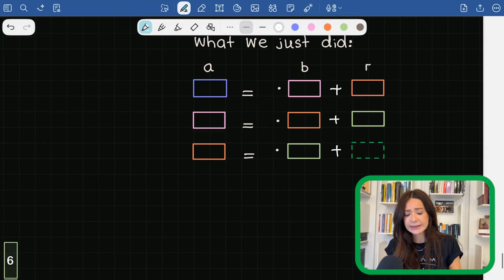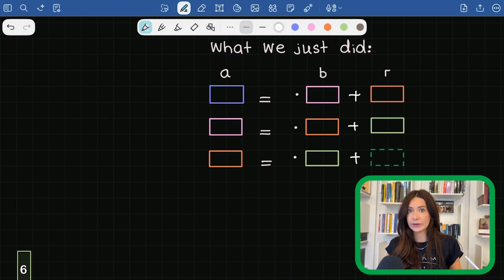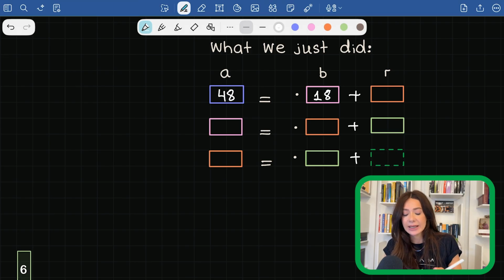So let's write down what we just followed. The two numbers that I chose: the larger number was 48 and the smaller number was 18. And 18 fits into 48 2 times, and then there was 12 left over. 12 is not 0, so 18 becomes our new A, and 12 becomes our new B. And then 12 fits into 18 once, and then we have 6 left over.